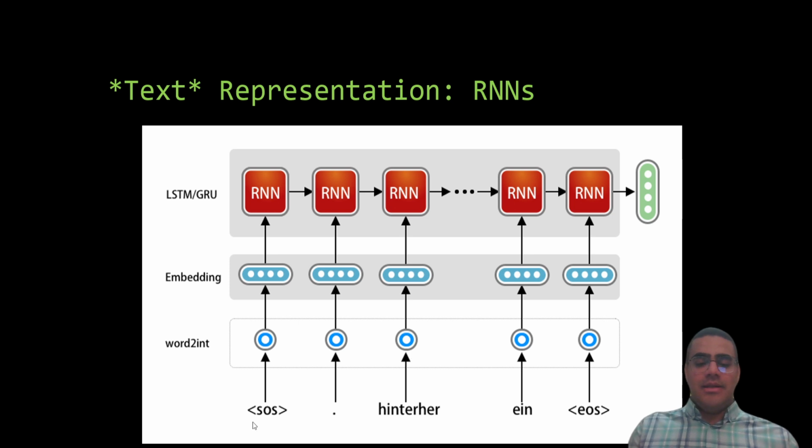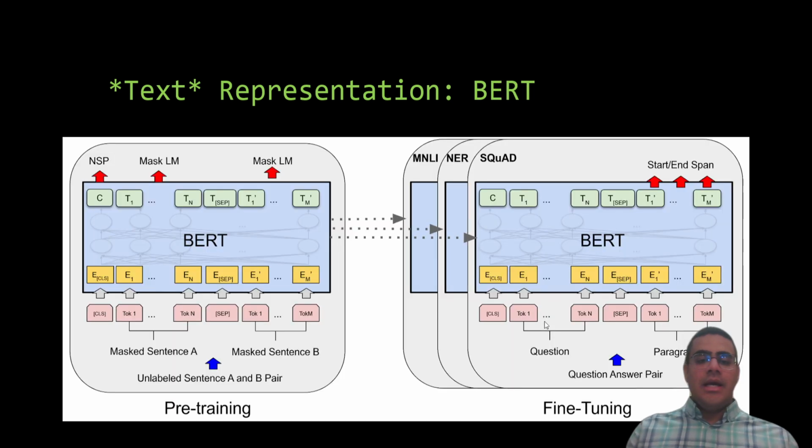For example, here we started with a start of sentence token. We put the tokens one by one inside the RNN model, which can be an LSTM or GRU, and at the end we have an end of sentence token, and the model was able to encode all of this sentence and all of these tokens into a single vector here.